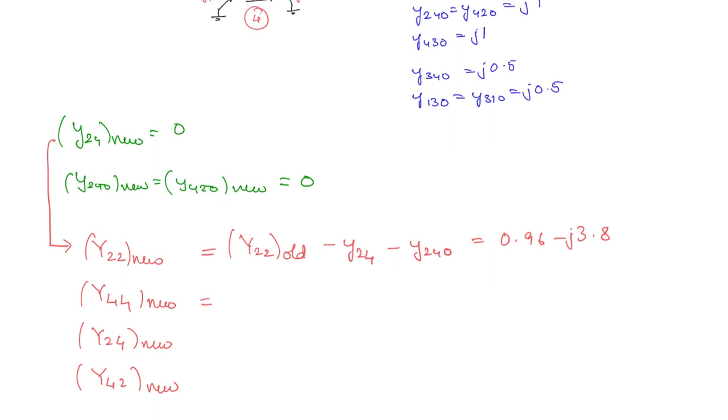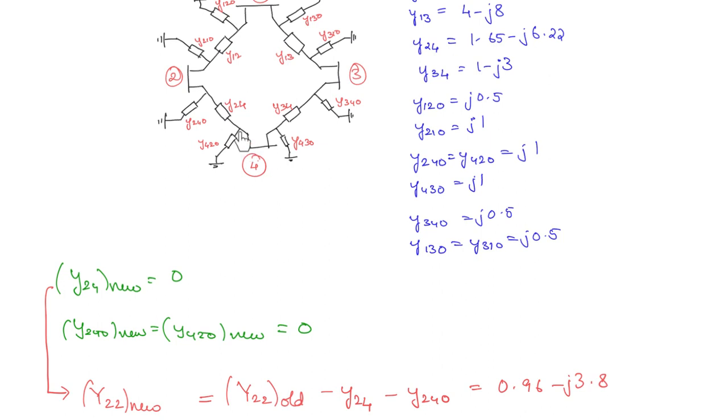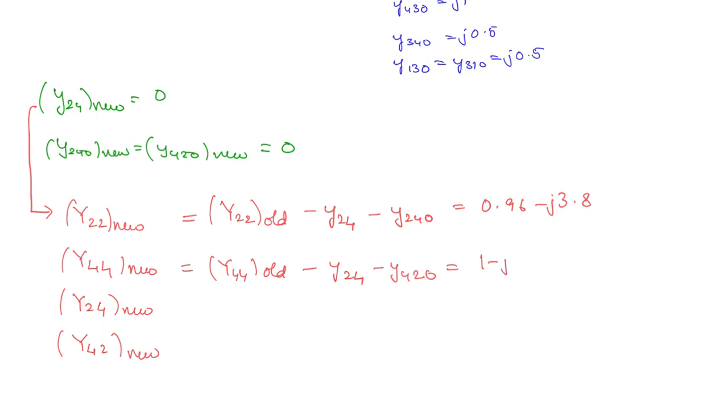Now Y44 new is going to be the old value Y44 old minus Y24, minus the admittance associated with only this transmission line, Y420. So this is going to be 1 minus j2, and Y24 new is simply 0, because now there is no transmission line. Similarly Y42 is also going to be 0. Okay, so this is how you can modify.